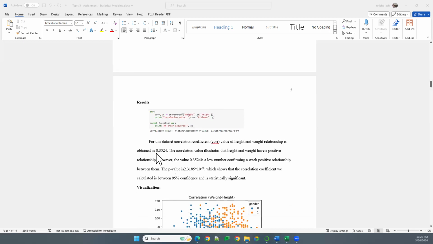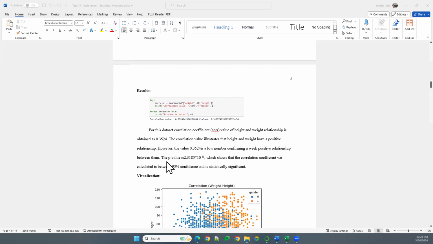So the value of the correlation coefficient is pretty low and positive, so we can say that this is a pretty low positive relation between height and weight. And with the p-value of less than 0.05, we can say that this correlation coefficient is statistically significant.